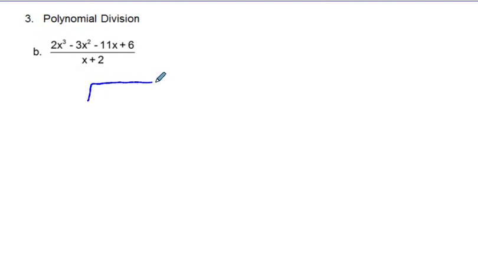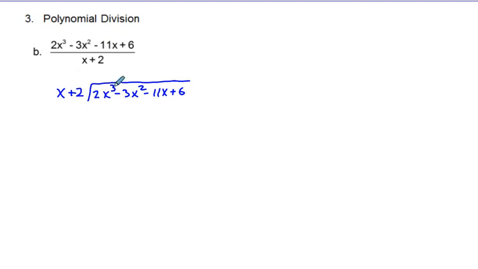So if we rewrite this problem in a long division bracket, inside the dividend place we put 2x cubed minus 3x squared minus 11x plus 6, and in the divisor space here on the outside we put x plus 2. And now we just work below.